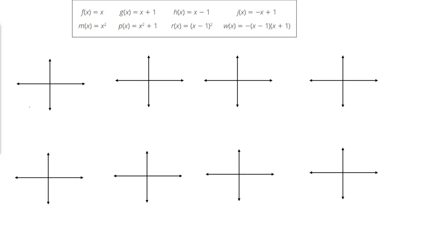So in that top row, we had f of x equals x. That's the first one. So that's just a linear graph going through the origin. Where would the next one go through? G of x. What's the y-intercept on that one? 1.